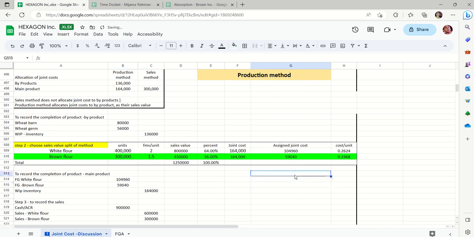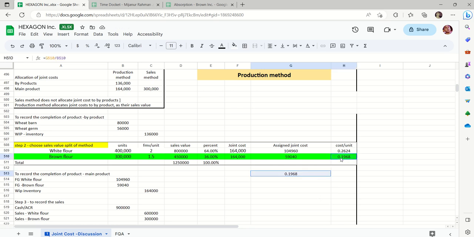You can see that we would simply divide this $59,040 by this 300,000. I'm going to write that for you so you could see that. The 300,000 units would give you 19 cents roughly, or 20 cents.